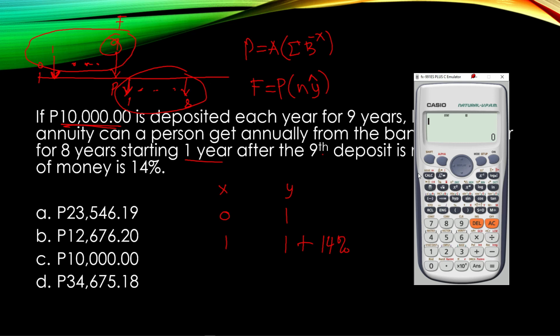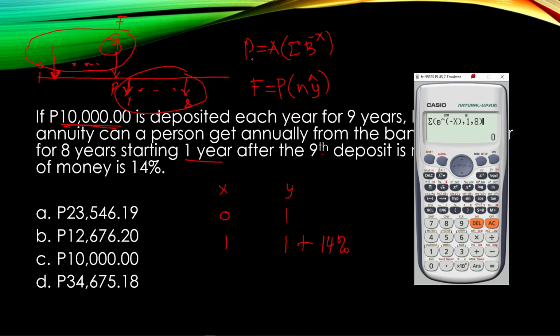I guess same pa rin yung values natin nito. Same pa rin, walang magbabago. So, summation na din tayo agad. Shift stat 5 to summation of negative x. No? From, yung withdraw kasi natin from 1 to 8 lang. So, from 1 to 8. Okay.